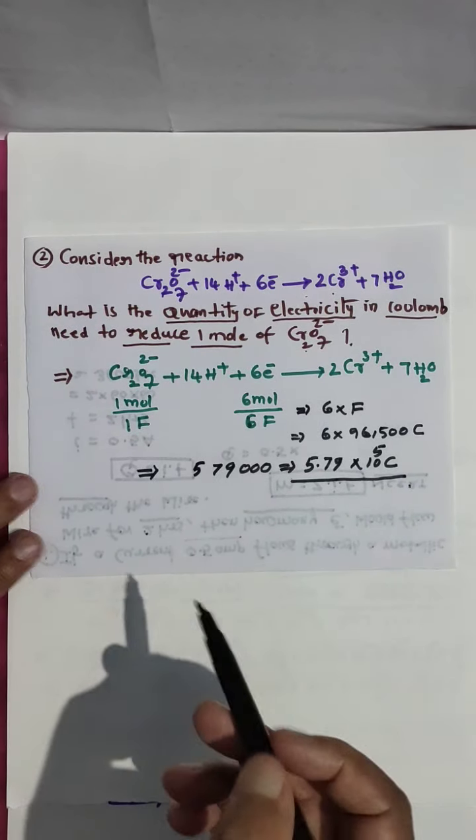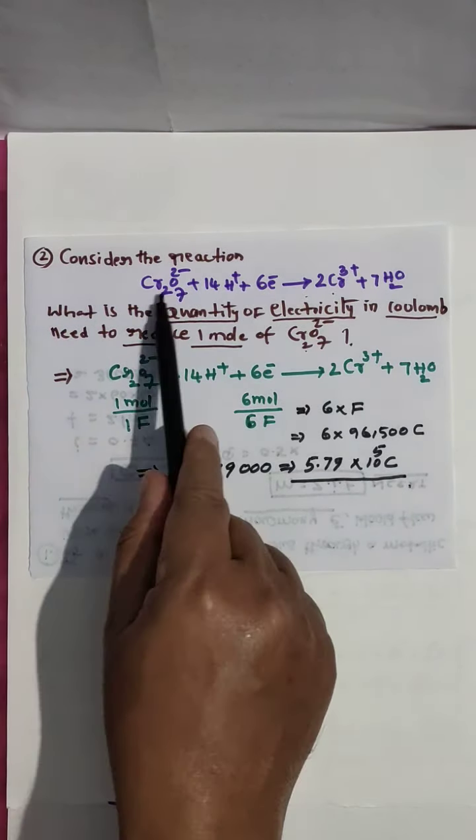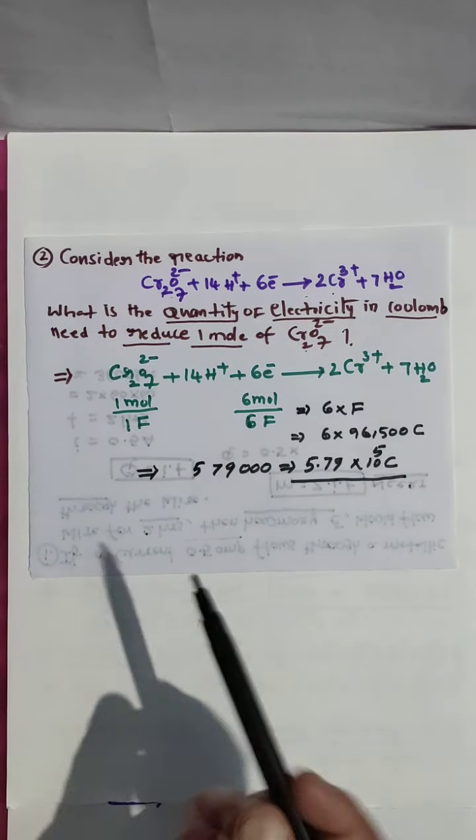So this much charge is required for 1 mole of Cr2O7 2- to reduce to Cr3+, from the given balanced equation. Here 4 is given, 4 into F. Here 2 is given, 2 into F. Like that you have to remember.